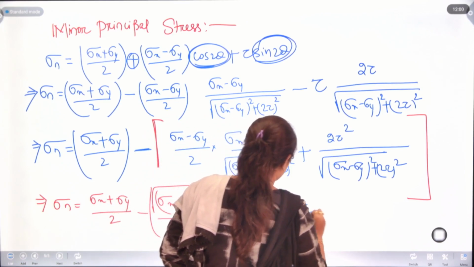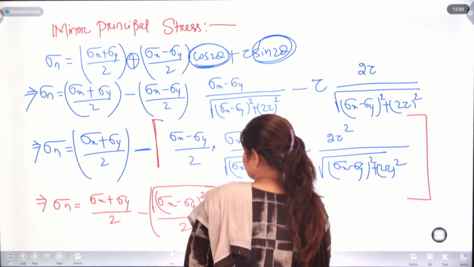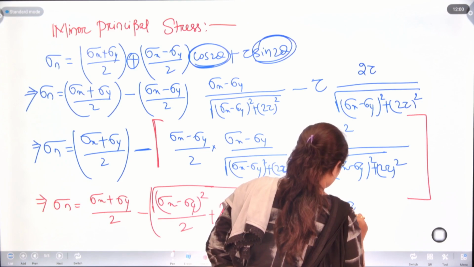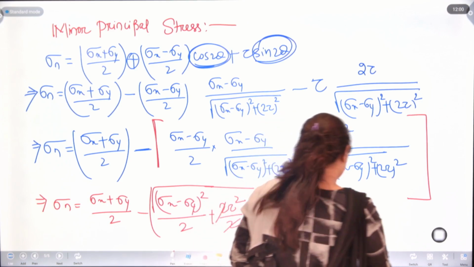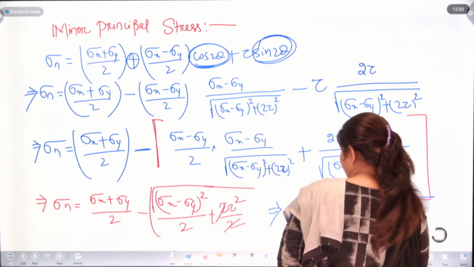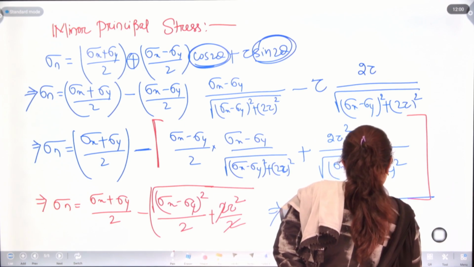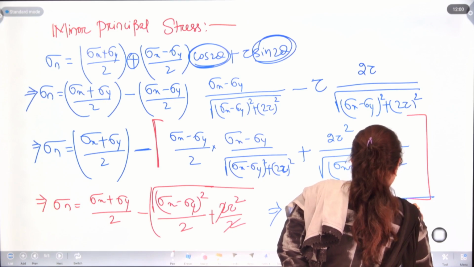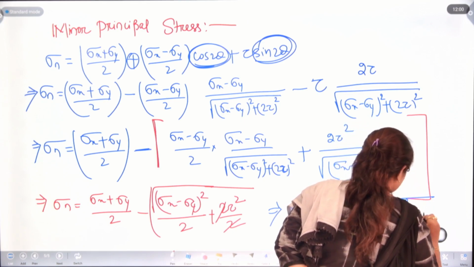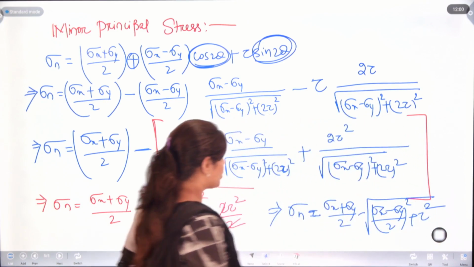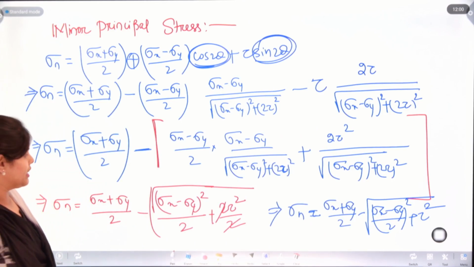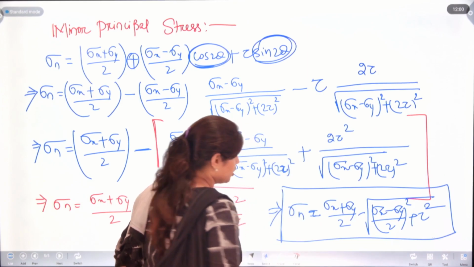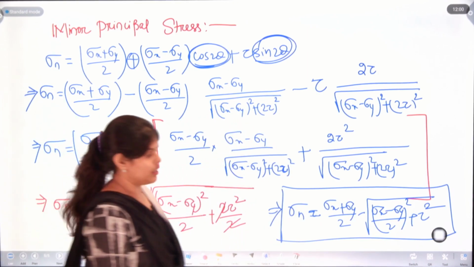So, sigma n in case of minor principal stress, we are having sigma x plus sigma y upon 2 minus root over of sigma x minus sigma y by 2 whole square plus tau square. There will be no big change. So, we are having the minor principal stress.